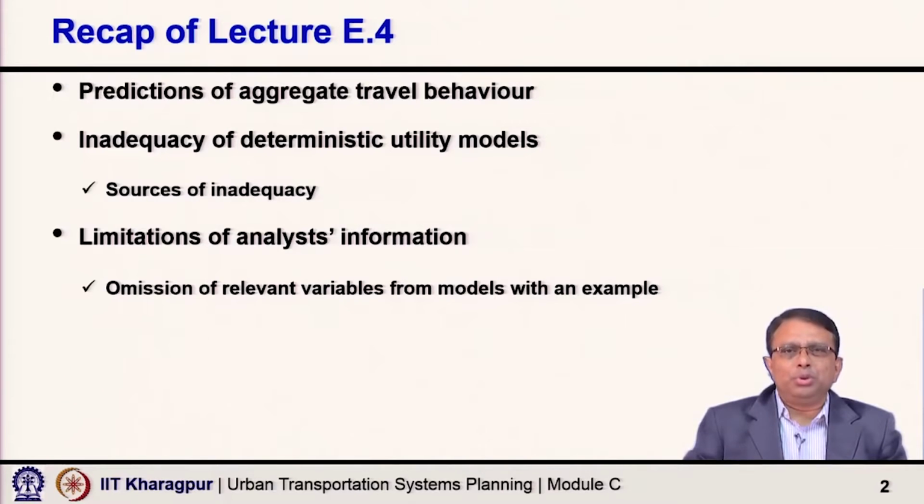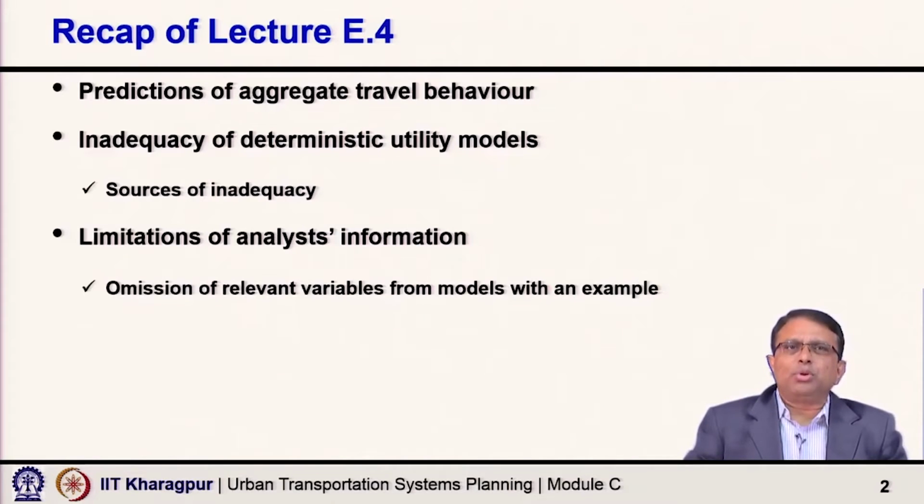If we know the shares of these different segments in the overall population, say some income group 20%, some income group 10% and so on, then we can predict how the aggregate mode choice will happen in the overall 100% population. Maybe a certain percentage will use one kind of mode, a certain percentage will use another option and so on.